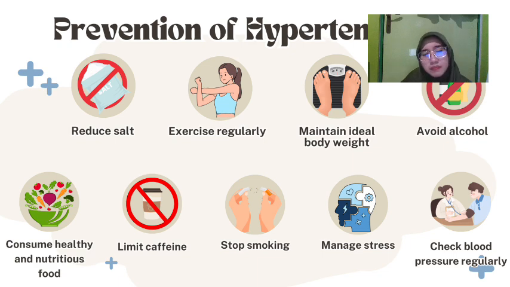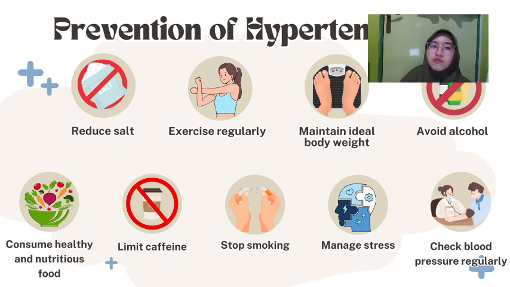This happens because obese sufferers have excess fat tissue in their bodies, so blood vessel resistance increases, and this condition can cause the heart to work harder and blood pressure to increase. So try to maintain an ideal body weight by changing yourself to be healthier.